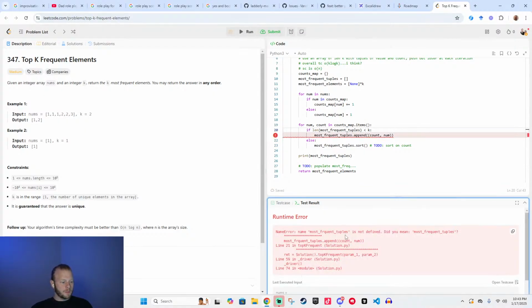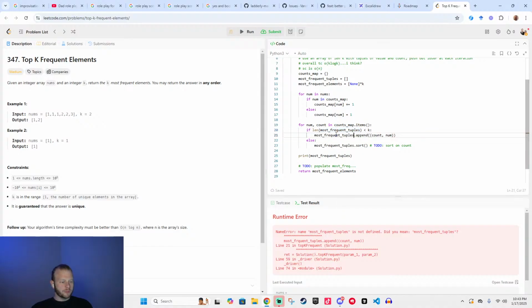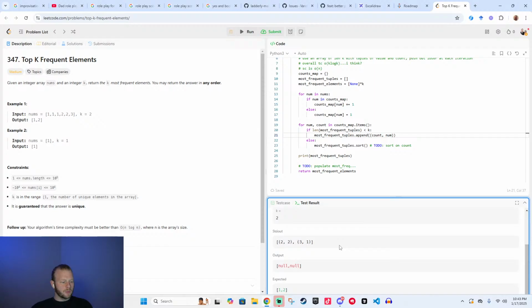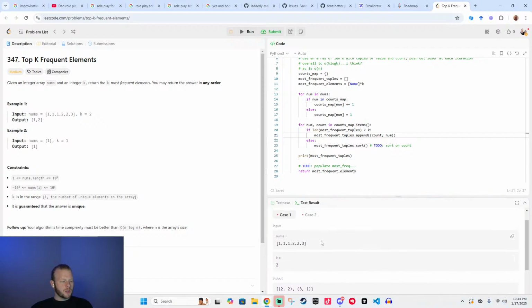Otherwise, we'll start sorting it. So here I've got 2 and 3. Where's the 3? Oh, because k is 2. Okay, so if k is 2, that's fine. So it is sorting on the count. Good.